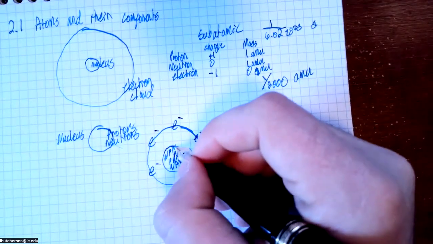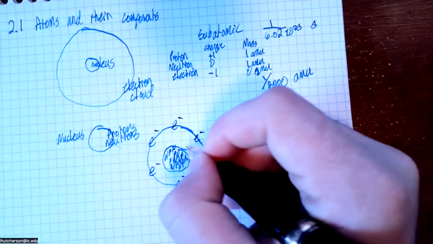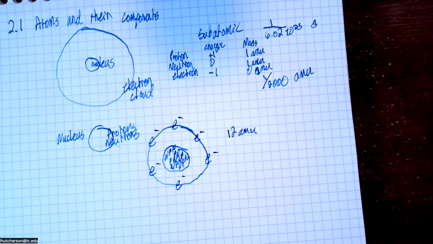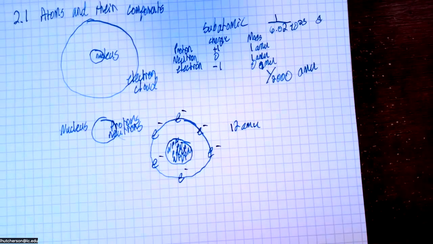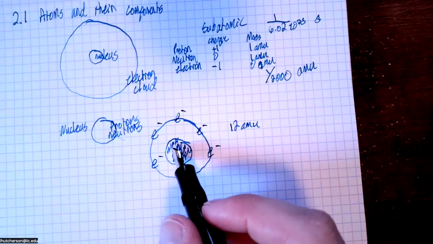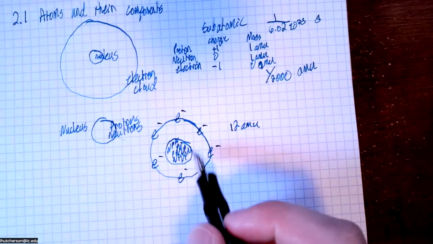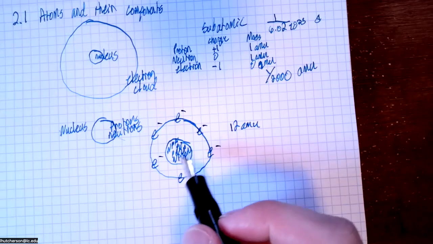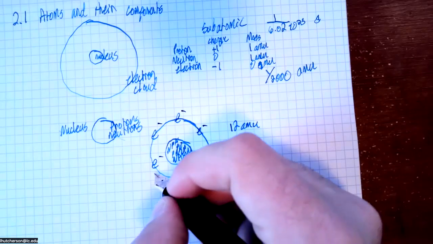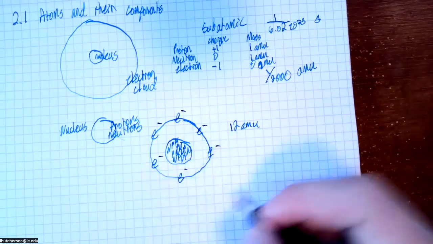It's 12 AMUs. But if we look at atoms, each individual atom, of course, in and of itself is tiny. But our subatomic particles are even tinier. Protons and neutrons are a whole lot bigger than electrons, but still, they're packed in really tightly here in the nucleus. The electrons are tiny, but they're spread out.